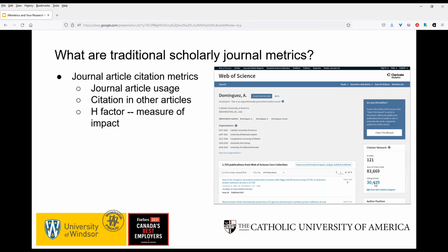So let's begin by talking about traditional scholarly metrics, which really begin from the mostly STEM literature and involve articles within journals. And we've got a screenshot here from Web of Science detailing Provost Dominguez at Catholic University.